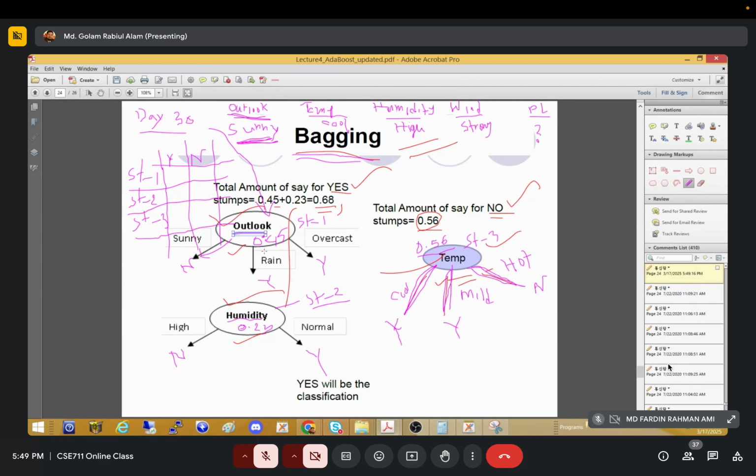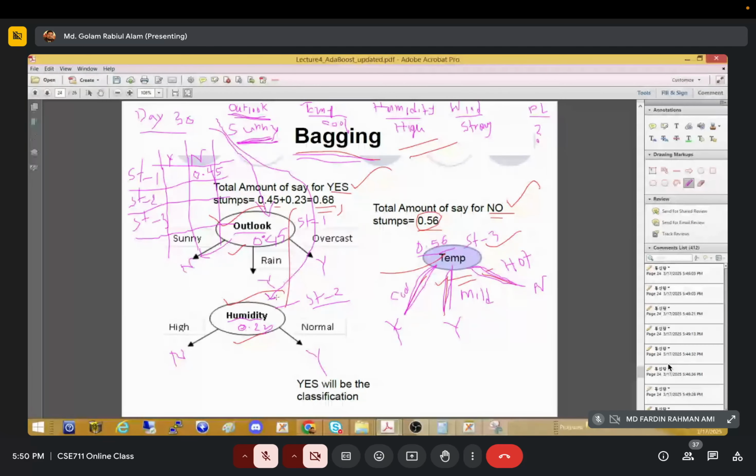So for stump 1, the no will get the vote, and the weight of the vote will be 0.45.